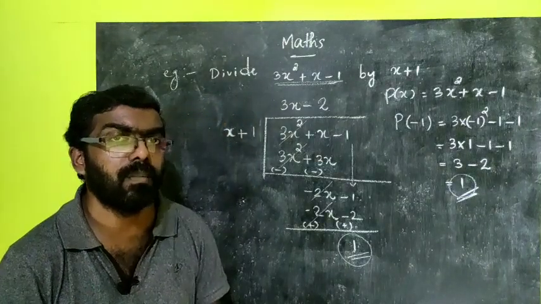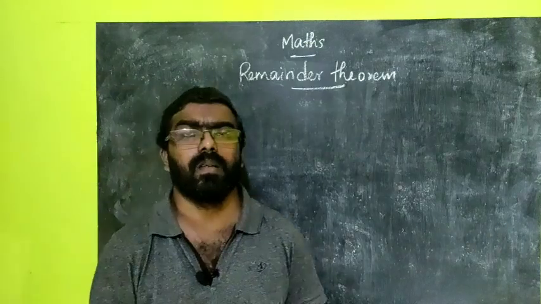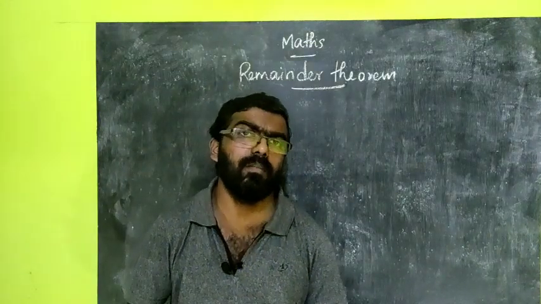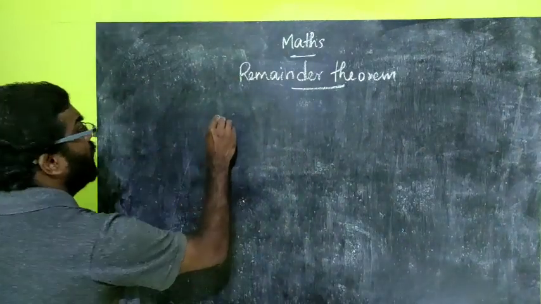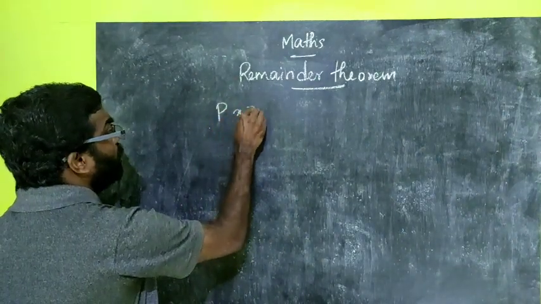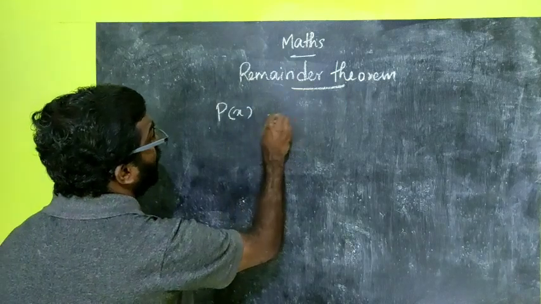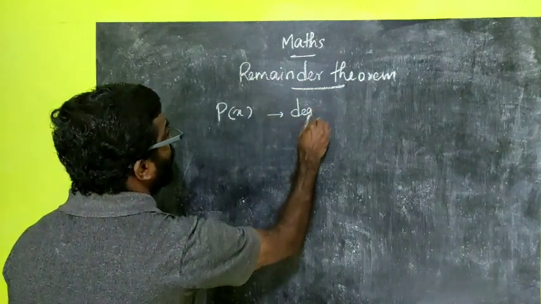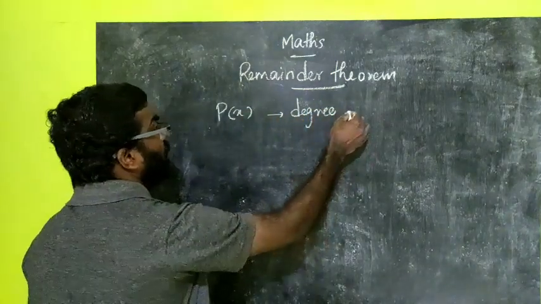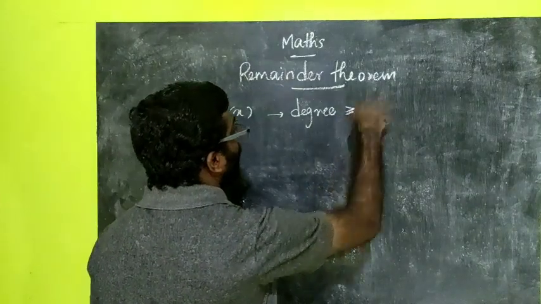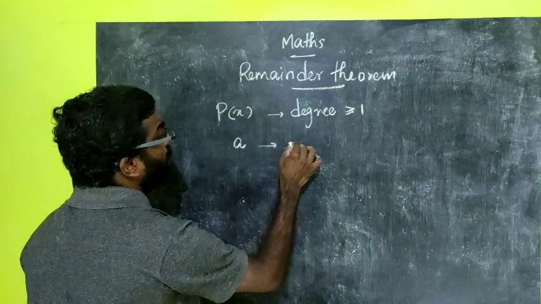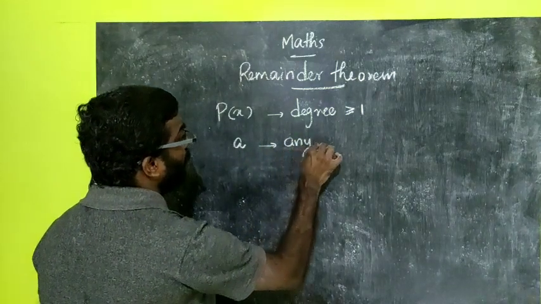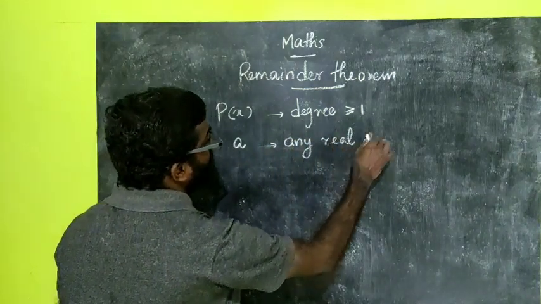What is called the remainder theorem? Listen, it's one of the important theorems in this chapter. The theorem states that let p of x be a polynomial of degree greater than or equal to 1 and a be any real number.